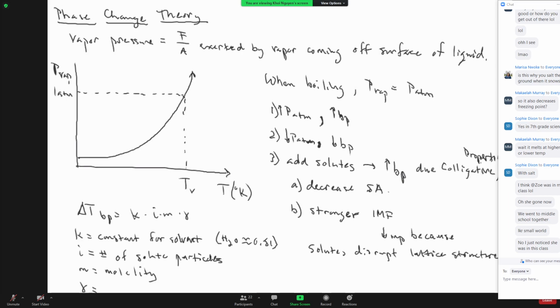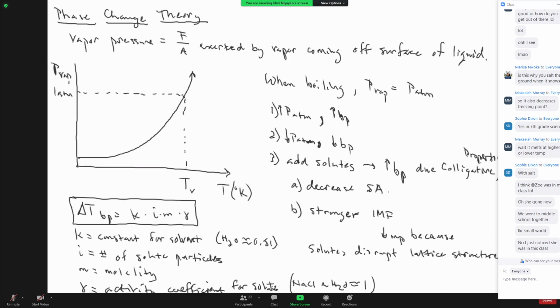And gamma is the activity coefficient for the solute. NaCl in water is considered 1 for the activity coefficient. But this is the equation that governs that boiling point elevation.